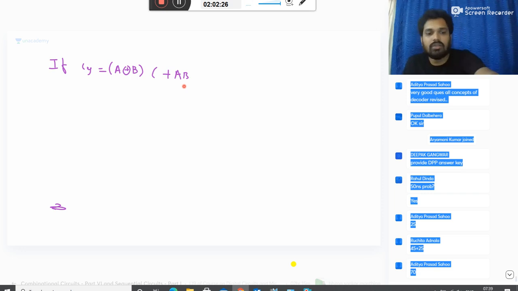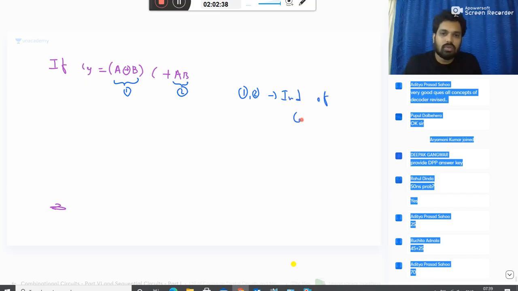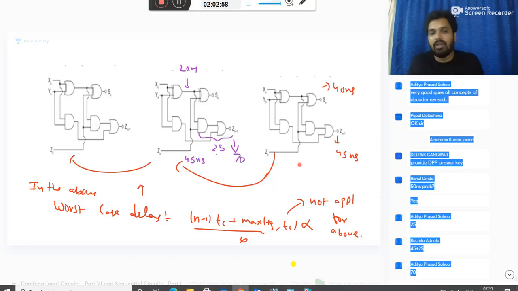In that, the first one and second one are independent of carry, because A XOR B can be performed without carry, and AB can be performed without carry. So your carry will depend on this AND operation and the OR operation. By the time, these two are already performed, that's what I want to say. So the blind answer may not be applicable here also.